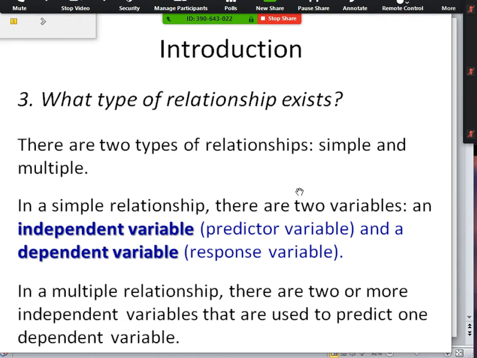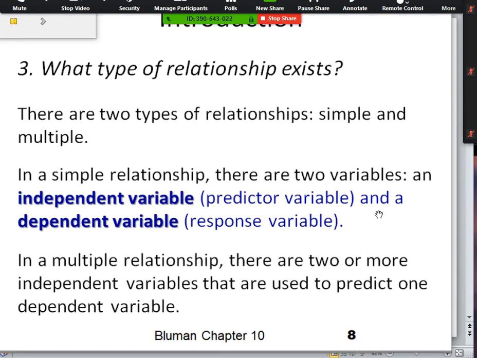In a multiple relationship, there are 2 or more independent variables that are used to predict one dependent variable.